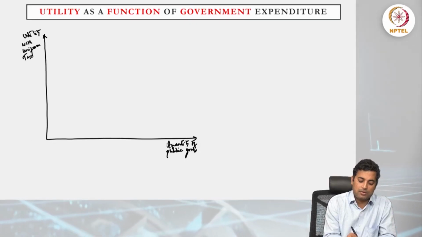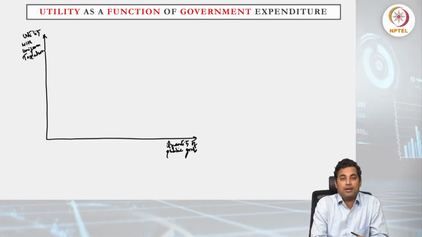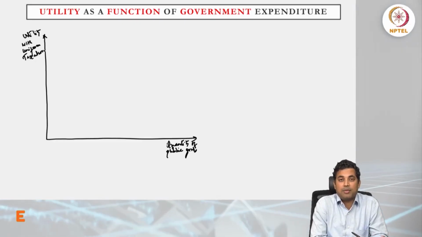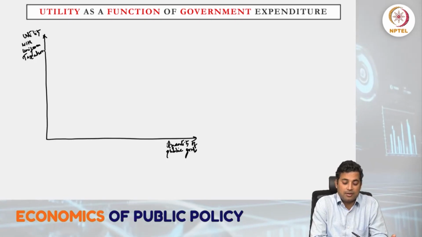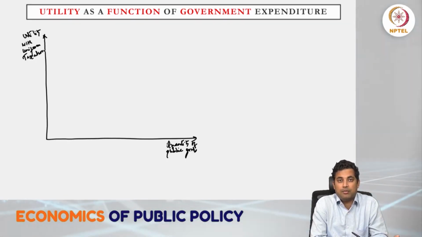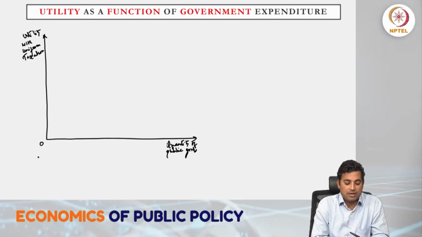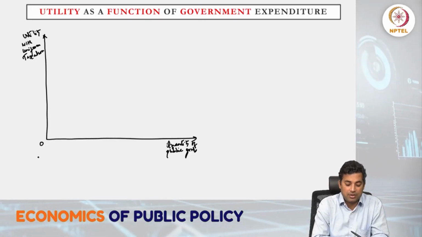Here we are not assuming any proportional taxation, because there the income effect and substitution effect are ambiguous. They actually move in opposite directions. So in this particular case, it's just the utility for uniform taxation.